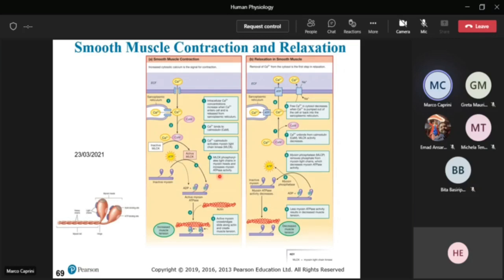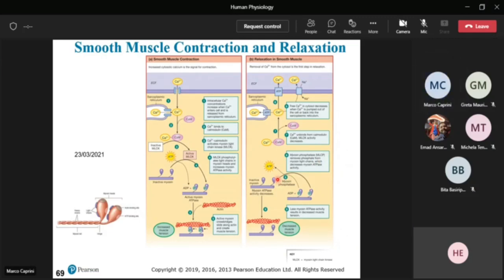If the myosin ATPase activity is increased, the power stroke can be increased, and in turn the muscle tension can be increased. In the other case, the myosin phosphatase MLCP, myosin light chain phosphatase activity removes the phosphate.